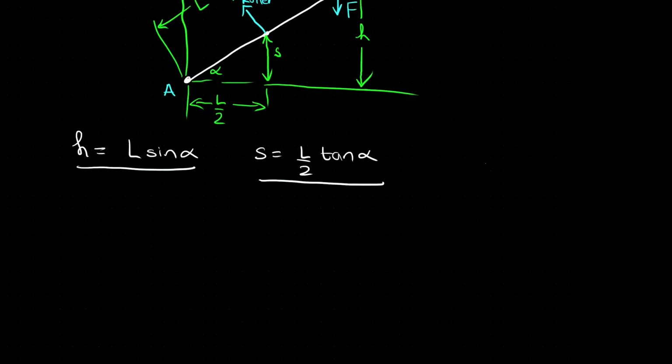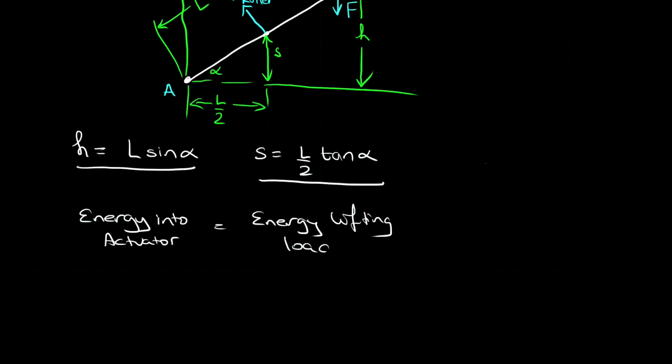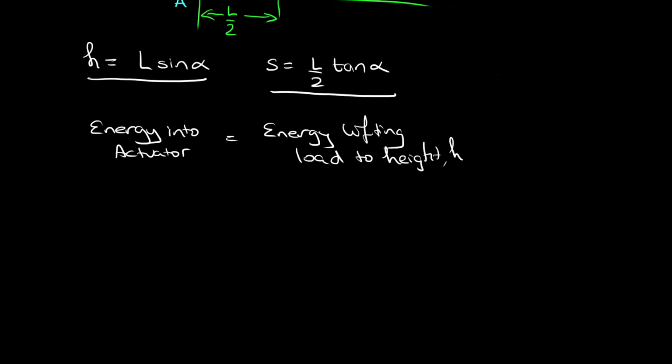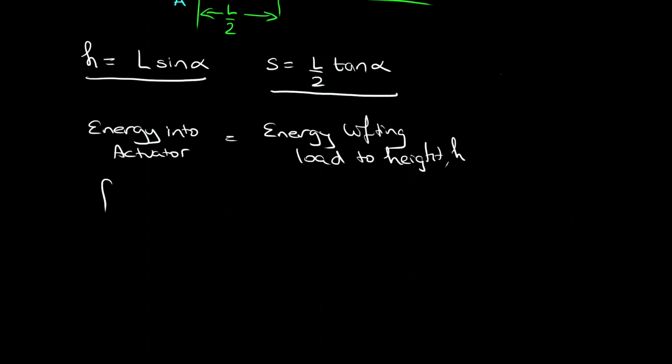So with the energy method, we say that the energy into the actuator equals the energy lifting the load to height H. Okay, so we can write that as an equation, as we did in the previous video.